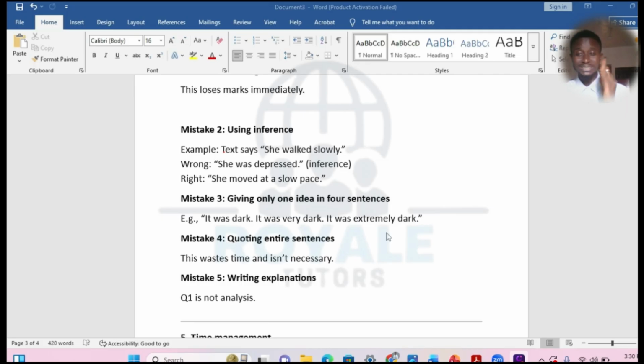This wastes time and it isn't necessary at all. So make sure you avoid writing an entire sentence from the text. And the last one is writing explanation. Question one is not analysis and it demands no explanation at all.